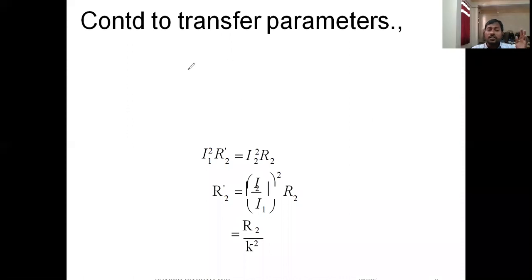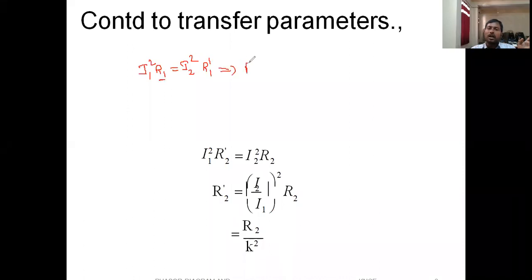Similarly, if you want to transfer the resistance from primary to secondary, the primary copper losses are I1 square R1. So you are changing to secondary, and the secondary current I2 square will never change. I2 square R1 dash, because R1 is changing to R1 dash.